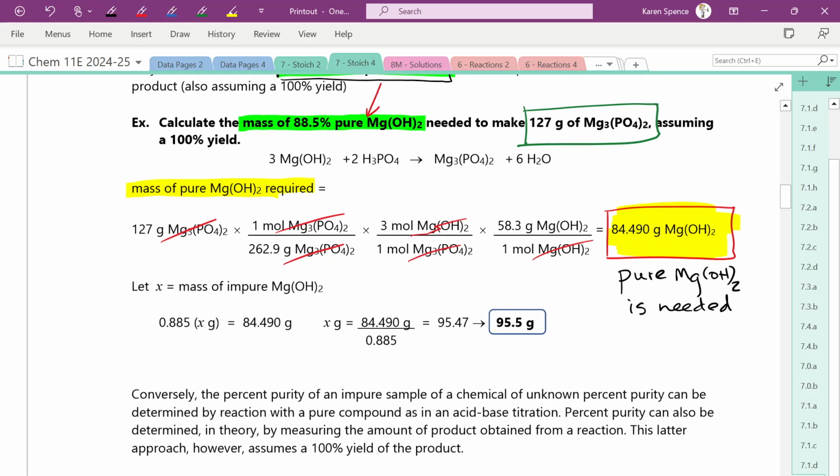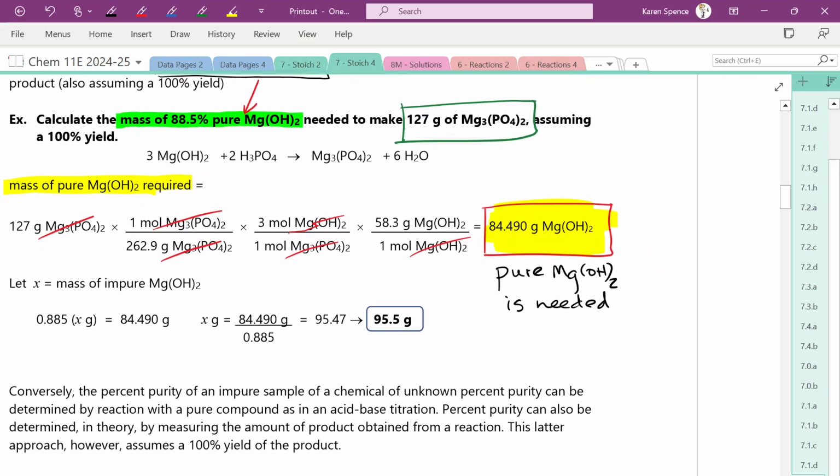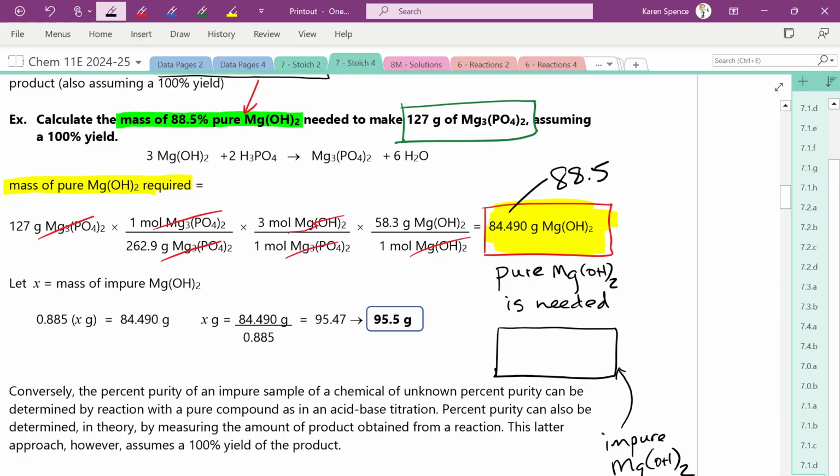So we can visualize this once again with our little sample. This is our impure MgOH2. I'm going to call it 88.5 so I can fit it in here better.